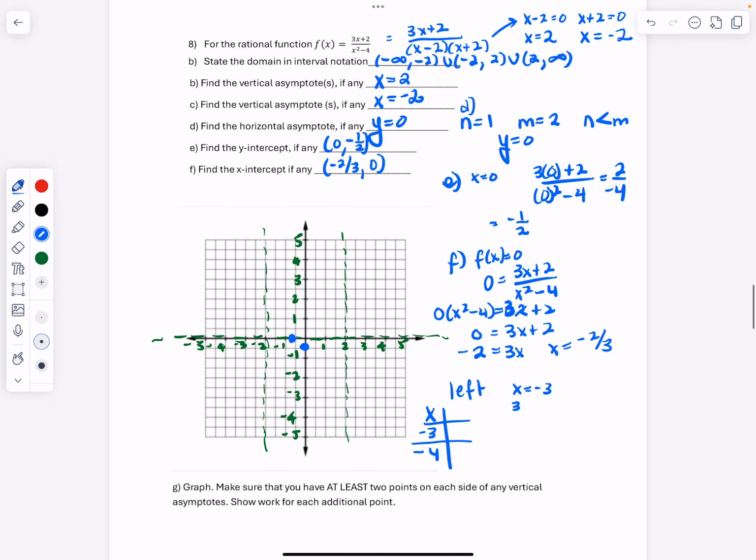So this becomes 3 times negative 3 plus 2 over negative 3 squared minus 4. So this is negative 9 plus 2 over 9 minus 4, which is negative 7 over 5. That becomes negative 1 2/5 for plotting purposes. So negative 3, negative 1 2/5.